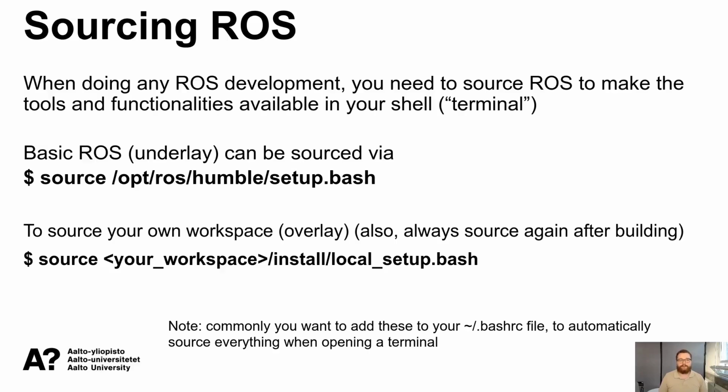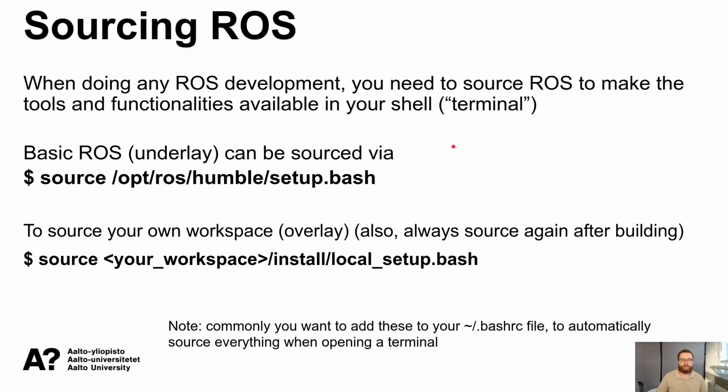So when doing any ROS development, in your terminal you should source the ROS underlay. This is basically the basic ROS functionalities, and this can be sourced with this terminal command.